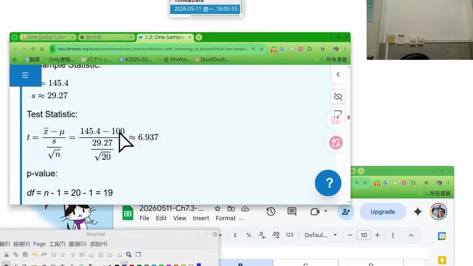From the question. The question states the average IQ is 100. Thus, we take the population average to be 100. 145.4 minus 100. Then here the S.